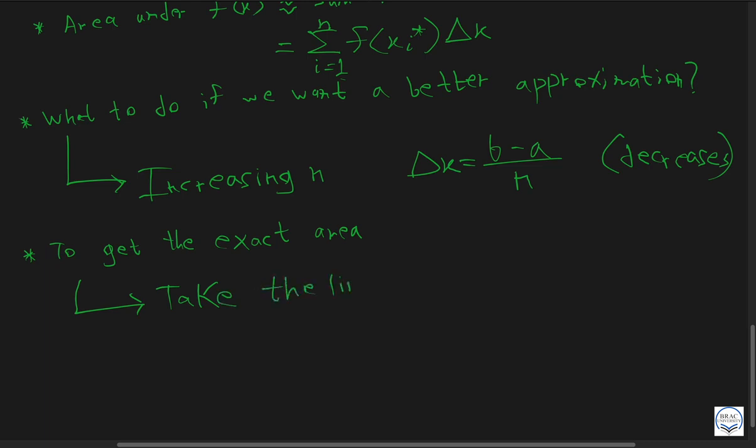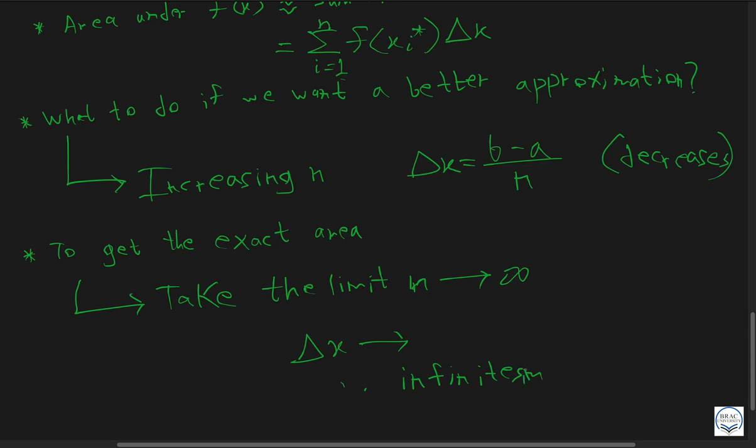Now, in order to get the exact area, what we can do is take the limit as n approaches infinity. Now, if we use a very large n, our delta x will be really small, right? So as n goes to infinity, delta of x is really small, and mathematically we call that infinitesimal.